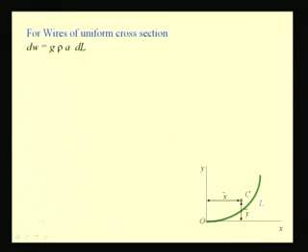Let us further extend this discussion to uniform wires. So, if you consider a small element in this wire, the weight of this element is dW, which is equal to g times rho times A, if A is the cross section area.